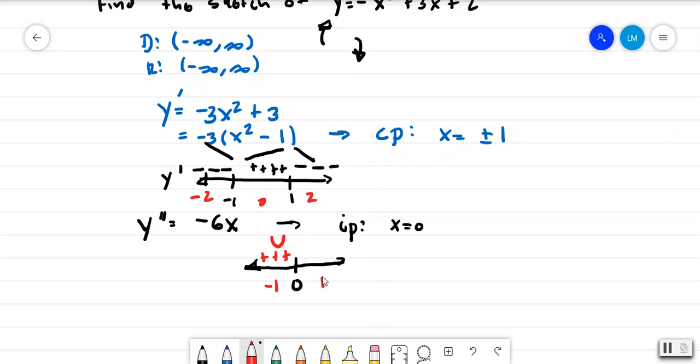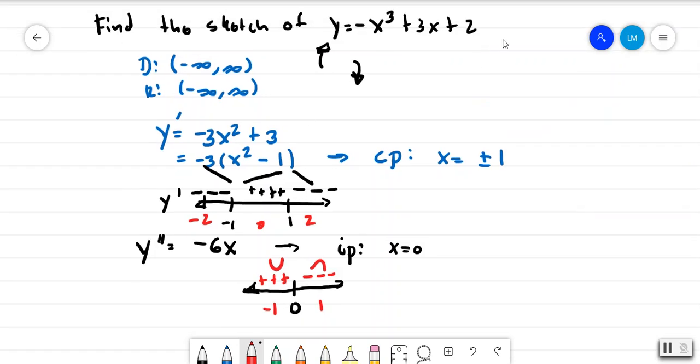If you choose 1, that's going to be negative, so that's concave down. So there is a change of concavity at 0, comma 2. We'll just put 0, comma 2 for this one.